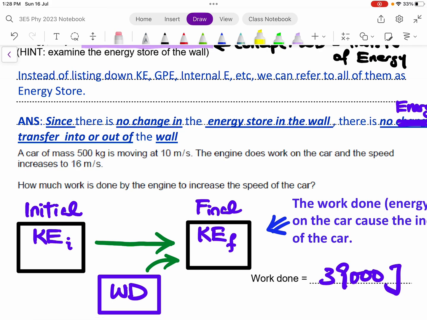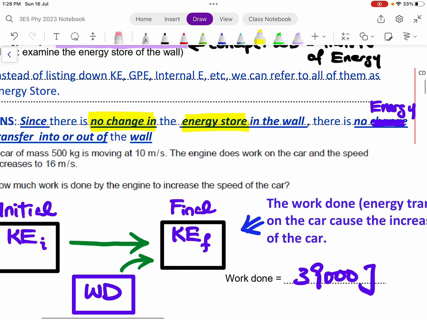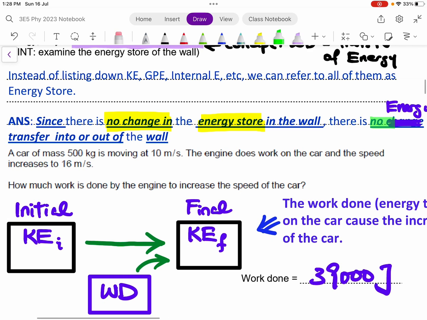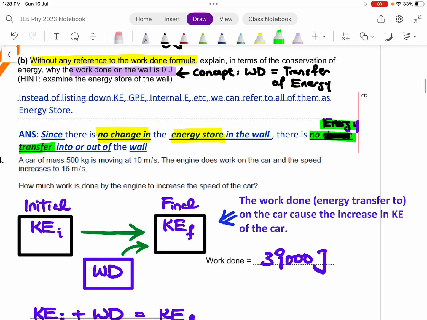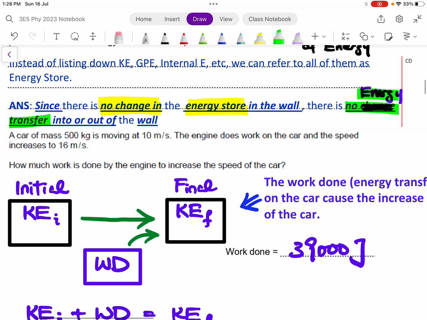So down here in the answer, we are very focused on checking whether you have this concept that if there's no change in the energy store of an object, it means that there must be no energy transfer into the system. As long as your answer shows that there is no change, I repeat, what I'm looking out for is whether you can equate the idea that no energy transfer means no change in the store.